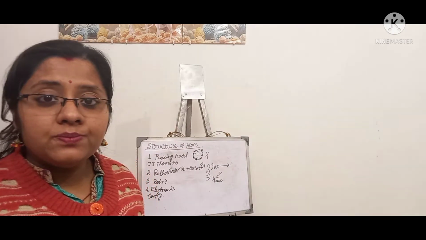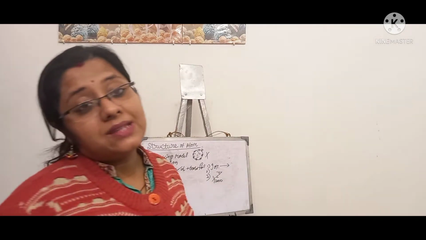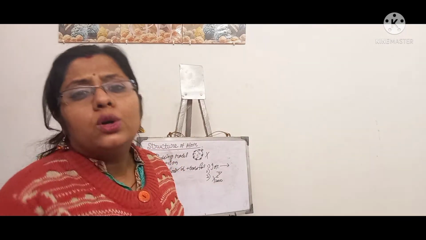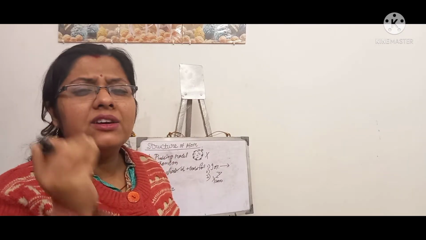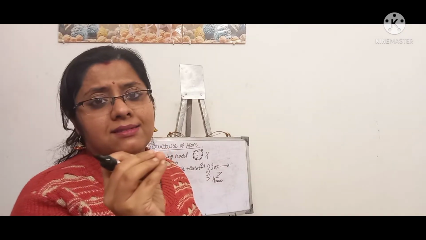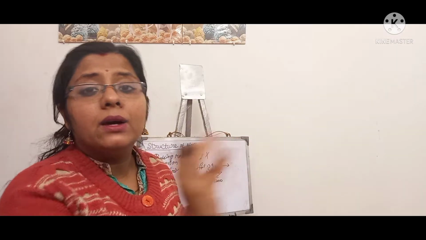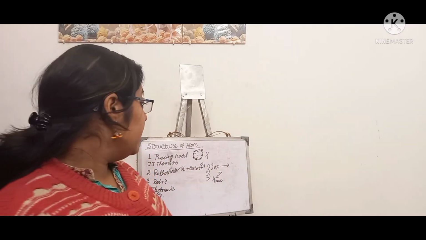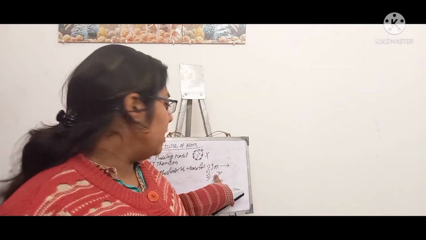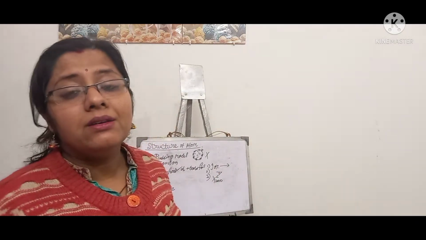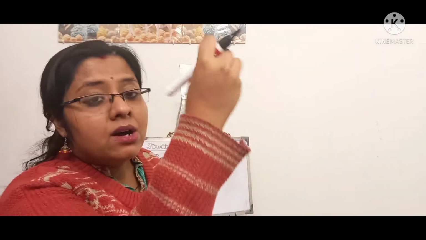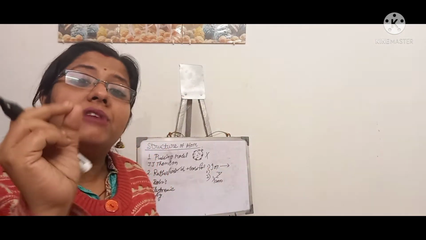Now the second conclusion was that protons are occupying a very small place inside the atom. That is why very few alpha particles are deflected with a very small angle.